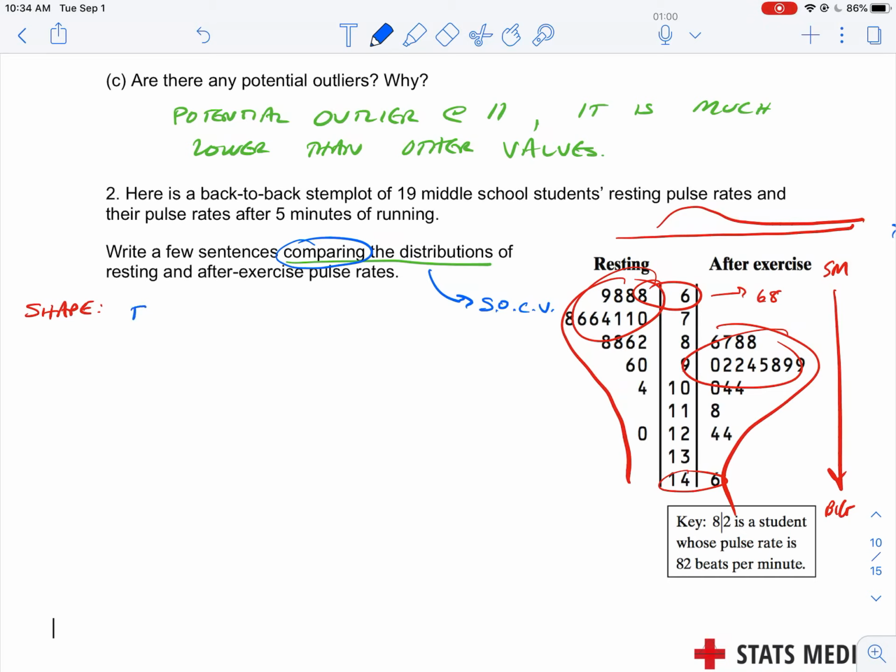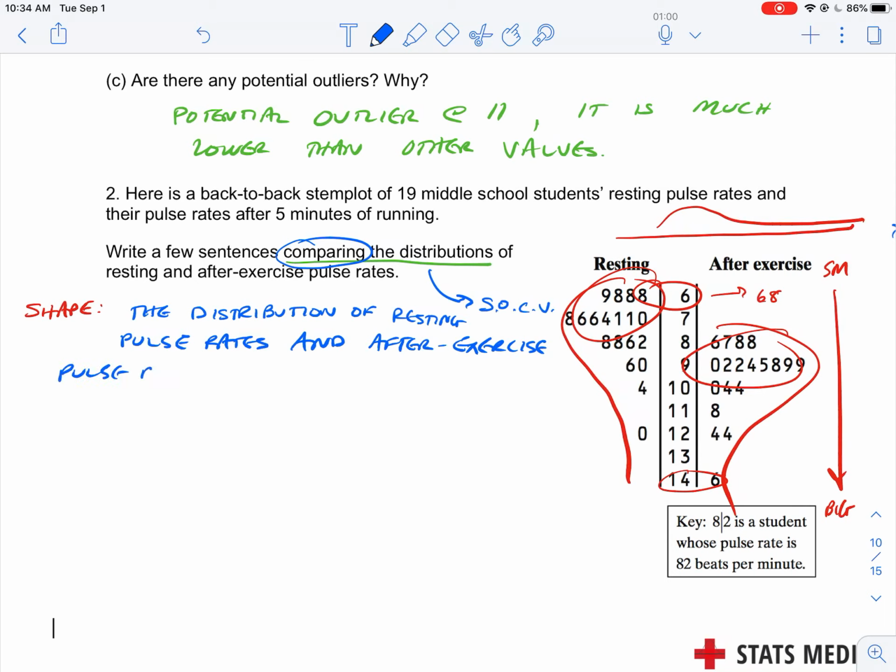So I'm going to say the distribution of resting pulse rates and after exercise pulse rates are both skewed right.